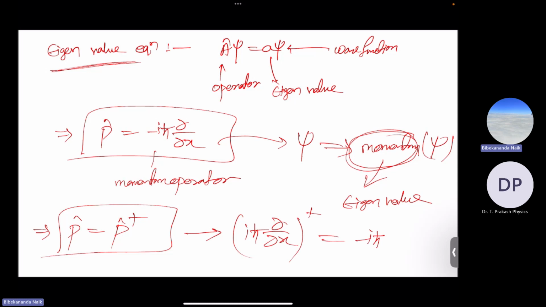So minus i h cross, and the conjugate of del by del x is minus del by del x. So if you multiply, it will again be minus i h cross del by del x, because minus 1 is already here. So this operator is again a Hermitian operator.